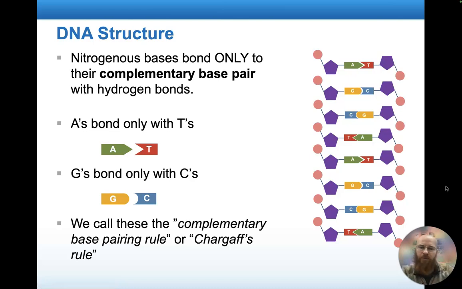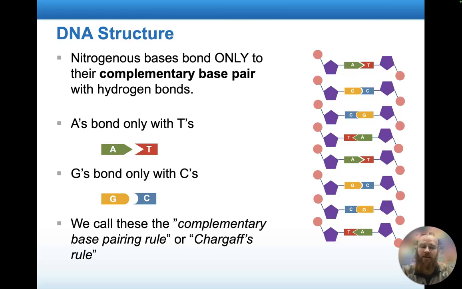Very important rule. So this is going into that complementary base pairing rule. It's important to understand that whenever we see two strands bonded in the middle, nitrogenous base to nitrogenous base, we are always going to see that our adenines, or A's, always bond with thymines, or T's.